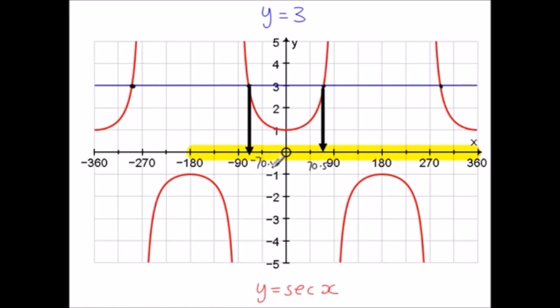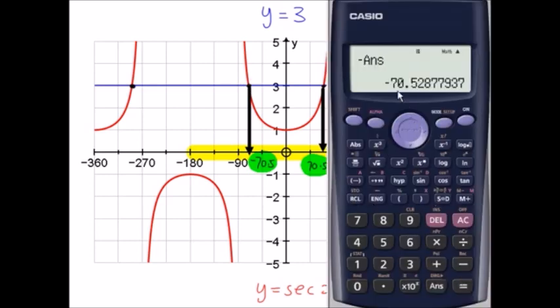So far I have these 2 solutions, and this one here is 360 degrees away from this one here.